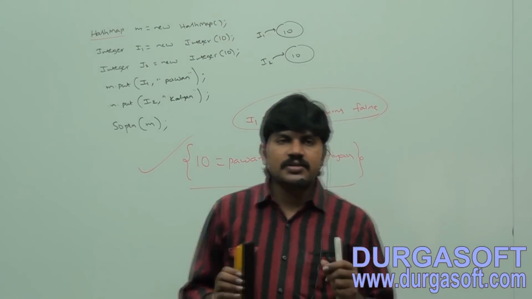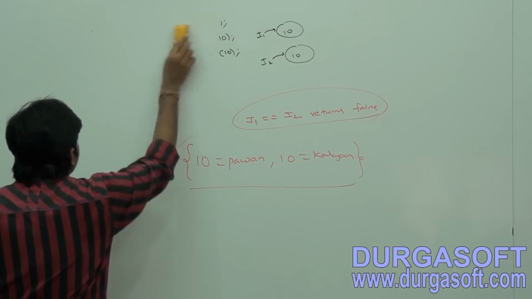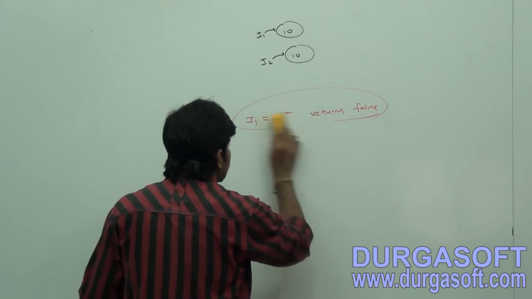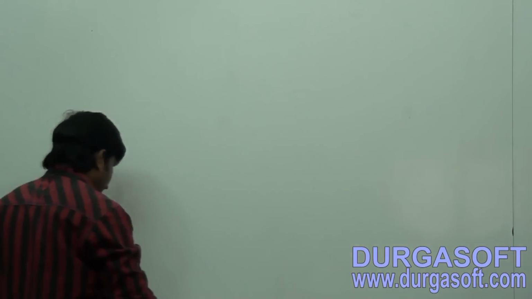Now, the next terminology: WeakHashMap. Can you tell what is a WeakHashMap? The hash map which is very weak is called a weak hash map. Normal hash map is very strong, but weak hash map is very weak. That's why the word weak hash map, right? Correct or not?